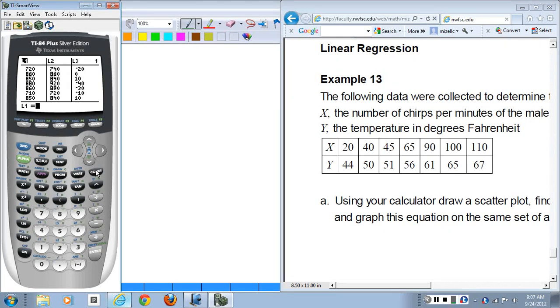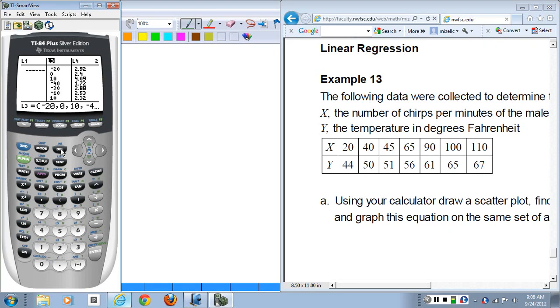However, if you press the down arrow, it will indicate that that list has been cleared. You don't want to press delete. That's the scary thing. If you press delete, D-E-L, the L2 goes away and panic begins to set in.